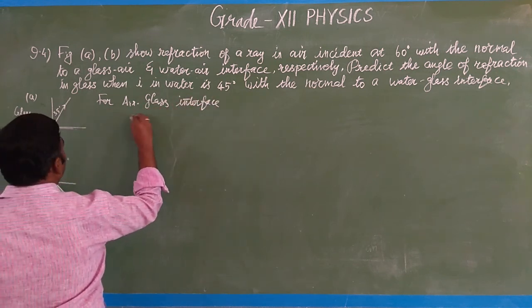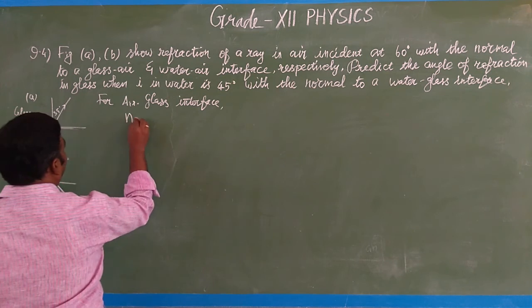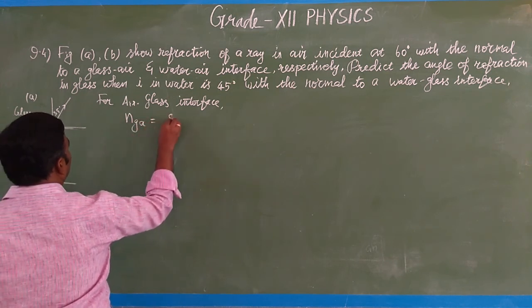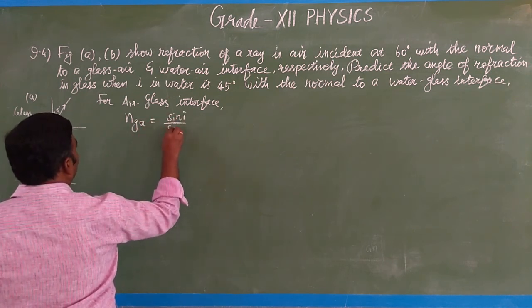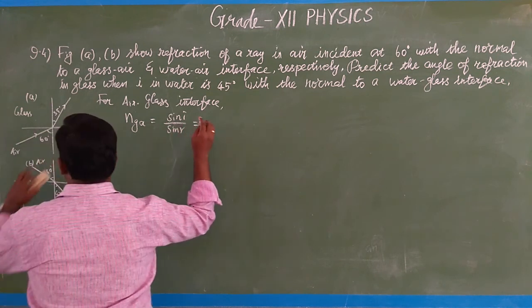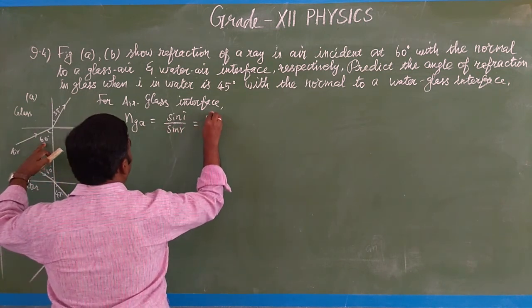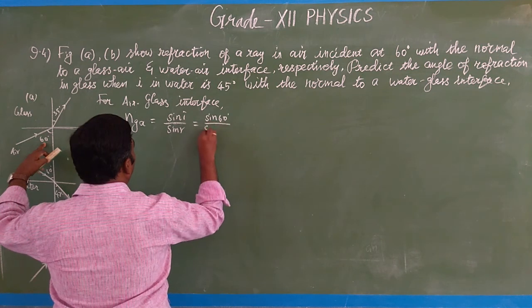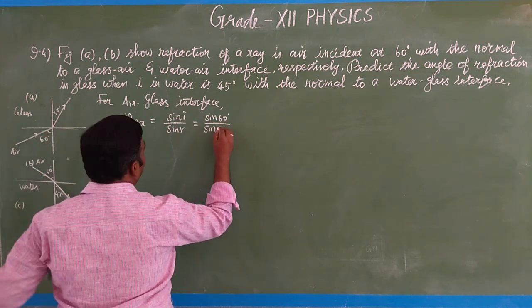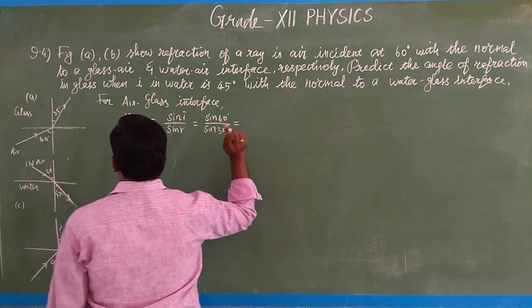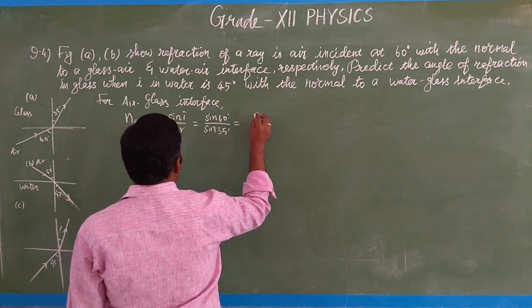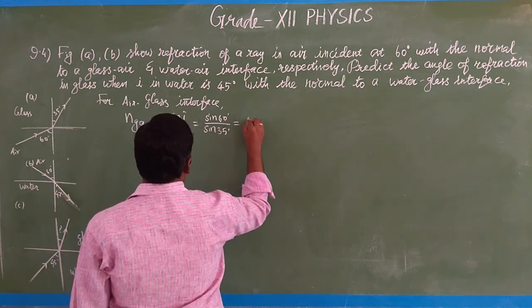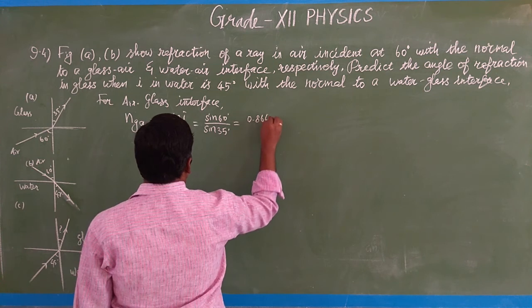For the air-glass interface, the refractive index of glass is equal to sin i by sin r. Already they have given sin 60 degree divided by sin 35 degree. Sin 60 degree value we already know, root 3 by 2, so the value is 0.8660.